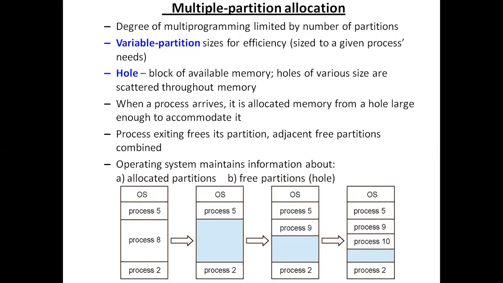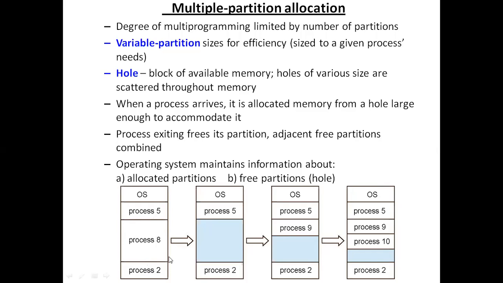If you look at this diagram, you can see process 5 and process 2 are of almost the same size, whereas process 8 is of a bigger size compared to the other two processes. So the main memory is divided into variable partition sizes, because each process would not have a definite size, it could vary. Before placing process 5, process 8 and process 2, we consider the memory as n number of holes.